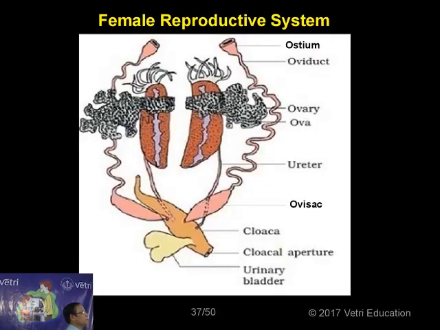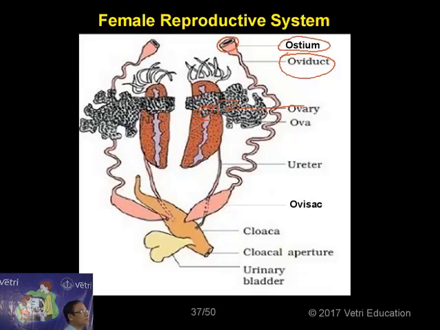Now here it is being connected by means of the mesovarium. This is the ovary, this is the kidney, and the fat bodies. Now this is the oviduct. The oviduct opens into the body cavity by means of a funnel-shaped opening, and that is called the ostium.